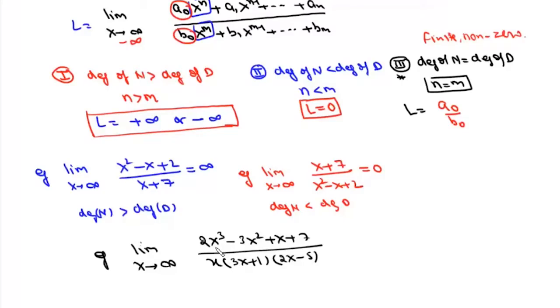Now here, highest power of x in the numerator is 3 and highest power of x in the denominator is also 3. So in this case, we'll have a finite non-zero limit, and this limit will be equal to coefficient of x cube in the numerator, which is 2, and in the denominator, coefficient of x cube is simply 6. So value of this limit will be 1 by 3.